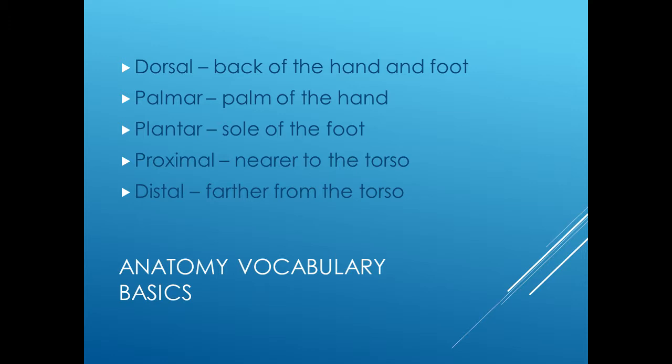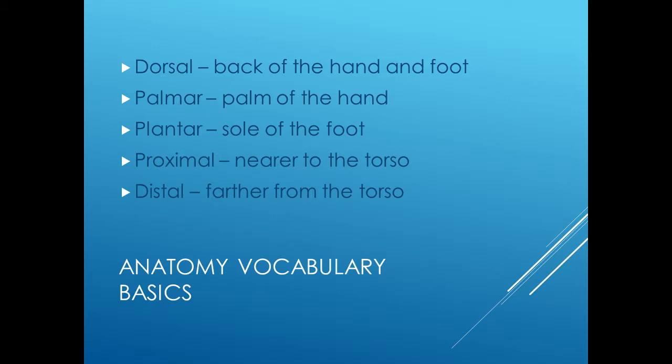Then also we have proximal, which means nearer to the torso. And distal means further or away from the torso. And think about your fingers. Your finger has 3 bones in it. And the finger can be pointed away from your body.